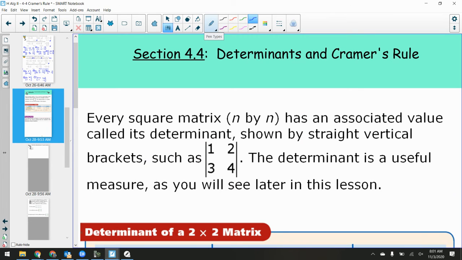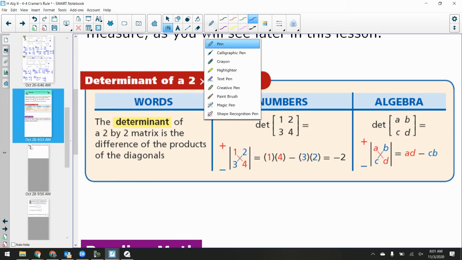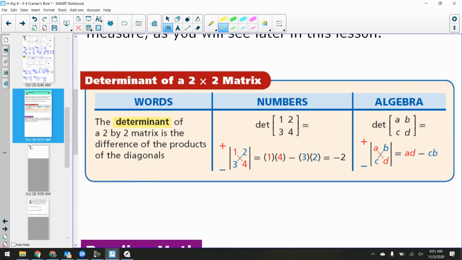So for example, here, I am going to take 1 times 4, and then subtract away 3 times 2. So the determinant of that simple 1, 2, 3, 4 matrix is negative 2. 4 minus 6 is negative 2.